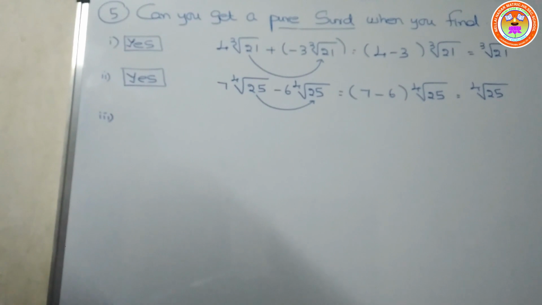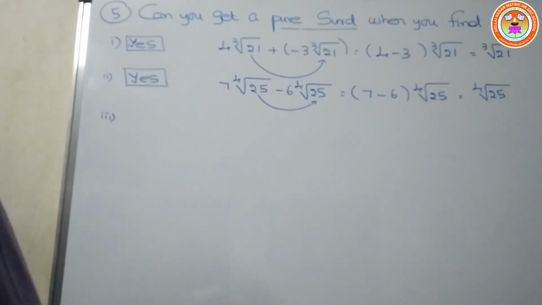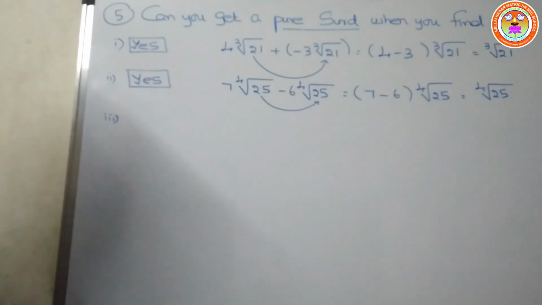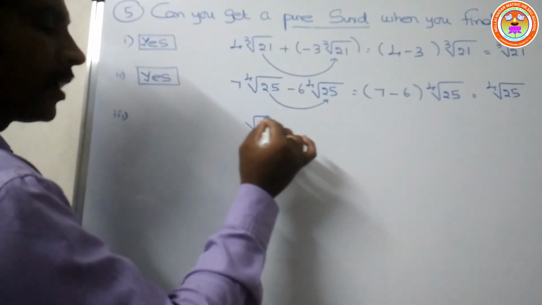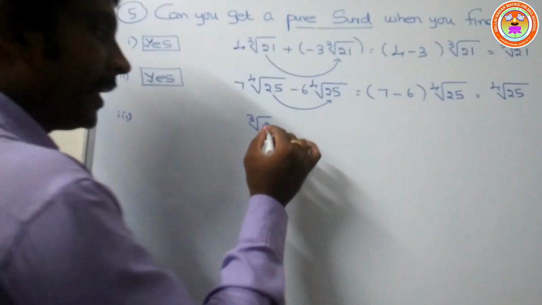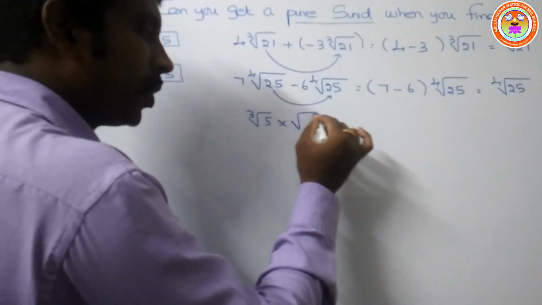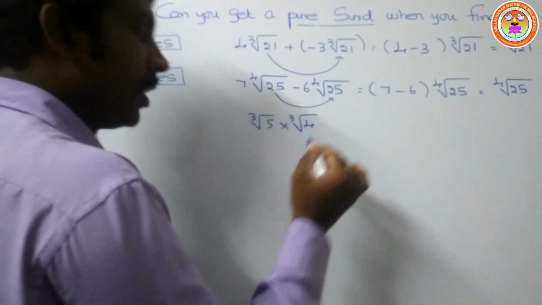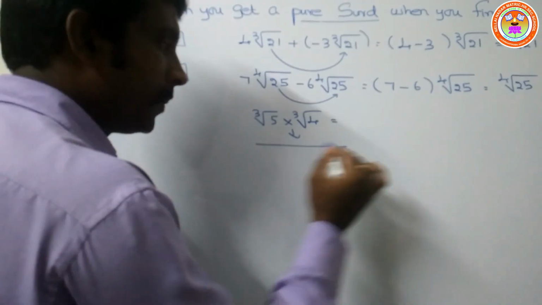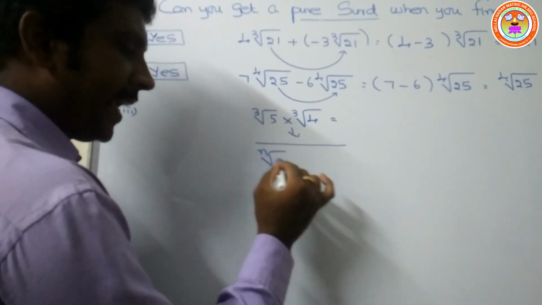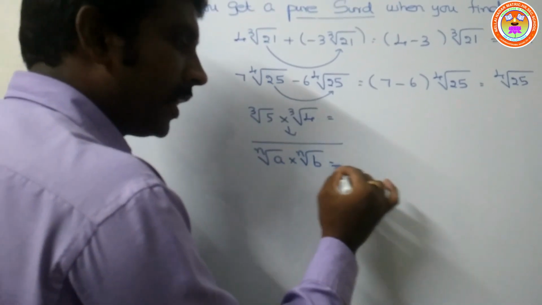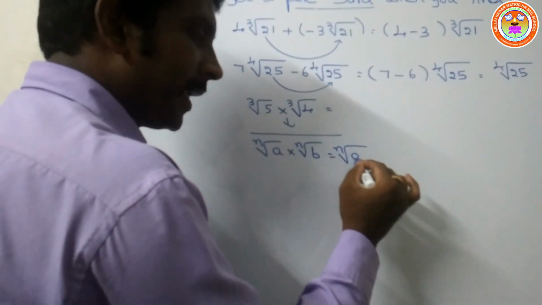Third one, the product of two surds. So cubic root of 5 into cubic root of 4. Already I gave the formula: nth root of A into nth root of B equals nth root of AB.